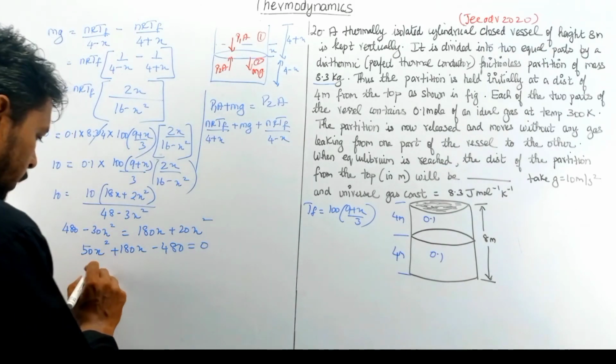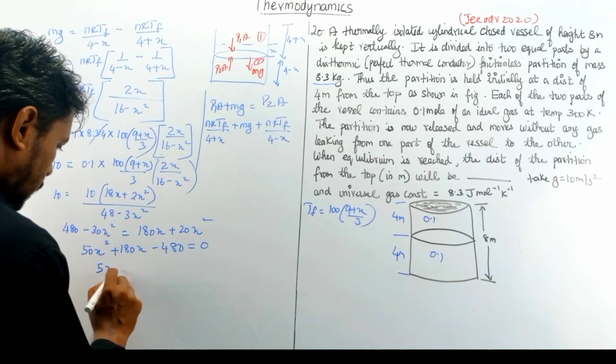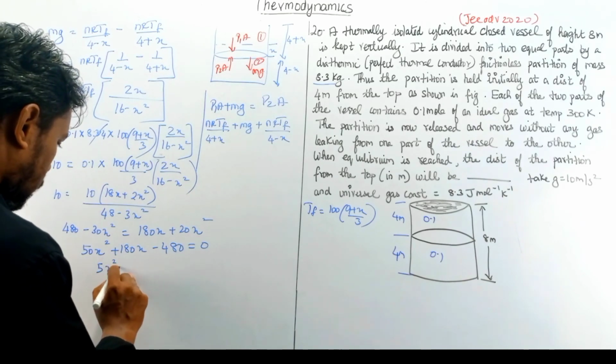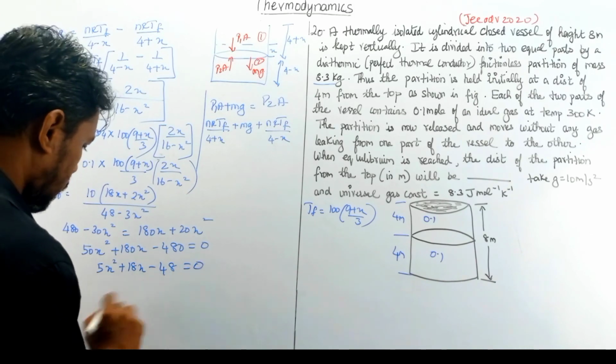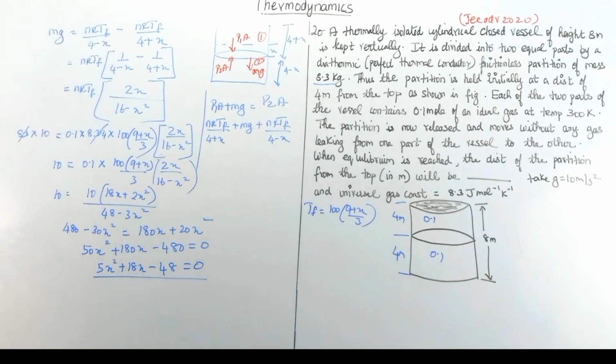Divide by 10 on both sides: 5x square plus 18x minus 48 is equal to 0. This is the equation we have got.